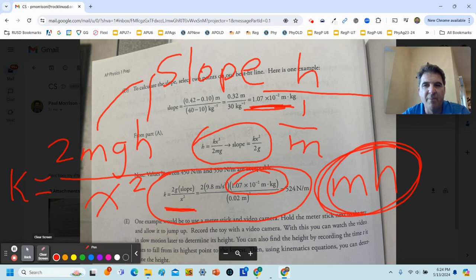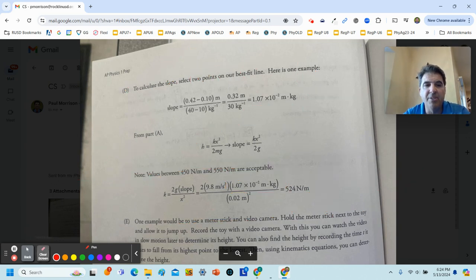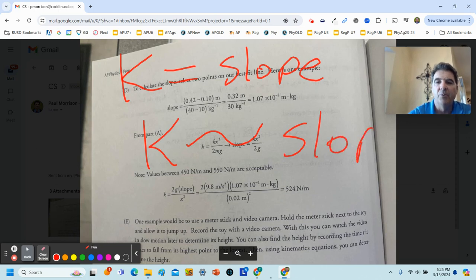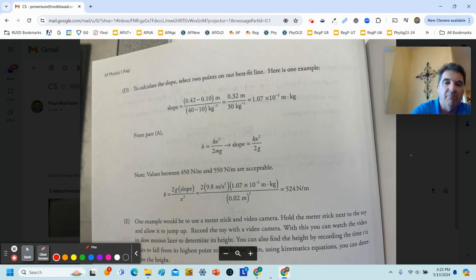But I think the main thing you need to realize is the linearizing. And then the last thing I would say is that the reality is k does not equal the slope. But k is proportional to the slope, which is different, which is why you can't just do slope equals k. I see what you were trying to do before, and that was actually a good idea.